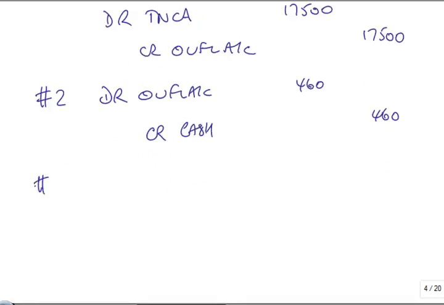1 year later, 31st December. I presume 31st December is the year end. We'll do the easy one: debit depreciation for the year and credit accumulated depreciation. How much?